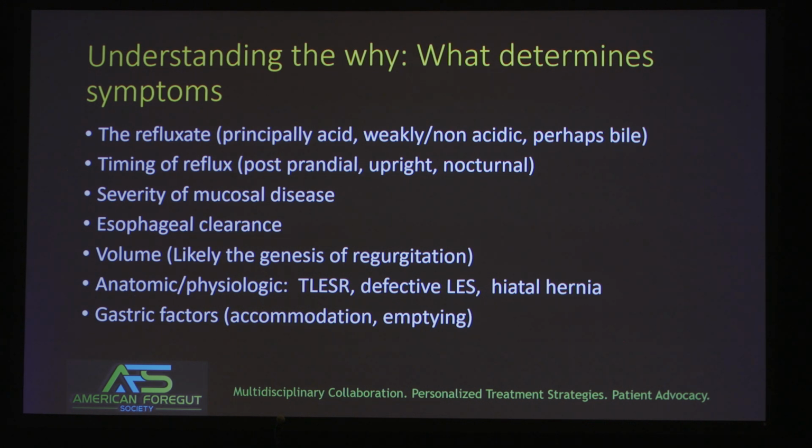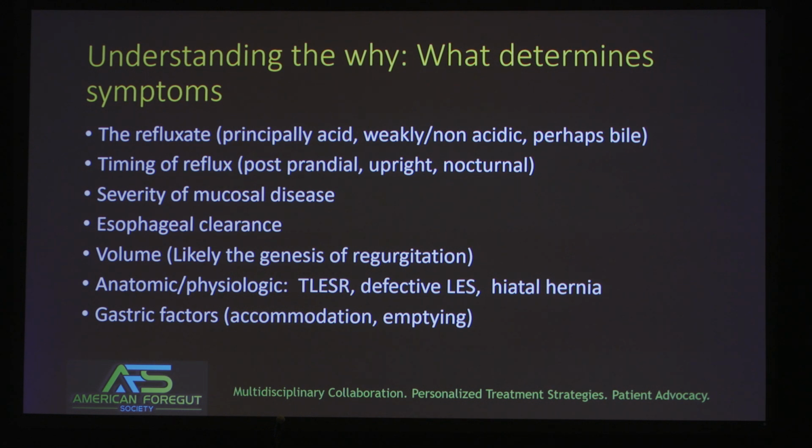The refluxate is mixed, and although acid is the major injurious agent, weakly acidic or non-acidic reflux causes symptoms. We may argue about what to do with it, but it causes symptoms. And bile is involved in the genesis of injury, and we could debate for years, and I know we have, on its role in reflux, but it's part of the equation potentially.